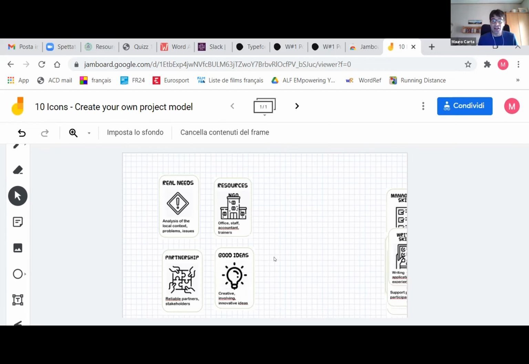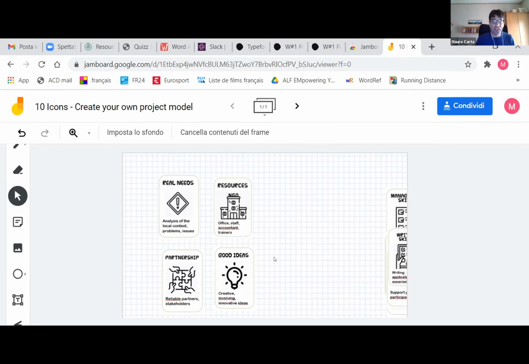Sometimes we project managers tend to work in isolation. So we have our ideas, but we do not test them with the future participants. It would be a good idea to work in contact with them and involve them, so that they can better identify the format, the methods, or the kind of activities they would like to be involved in.